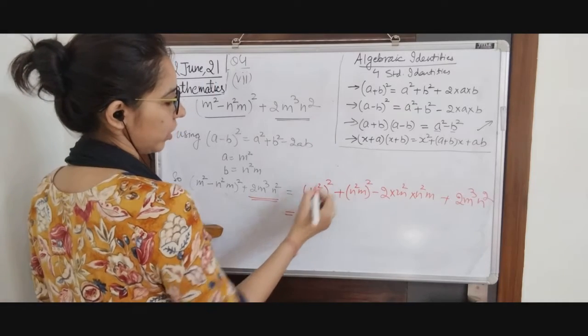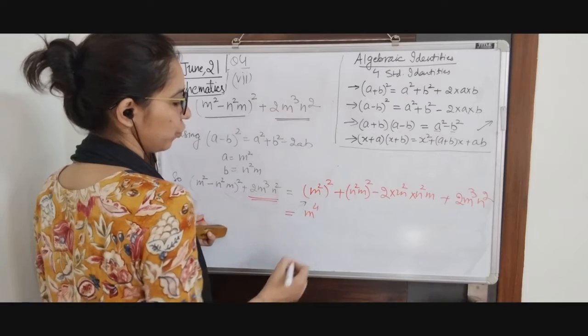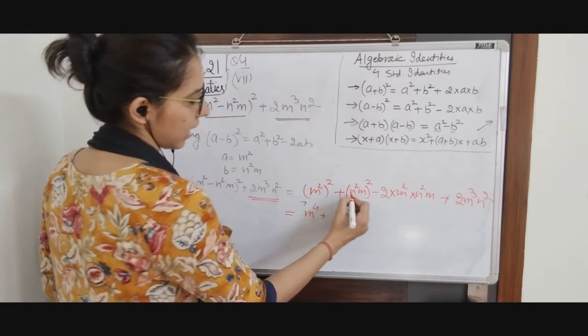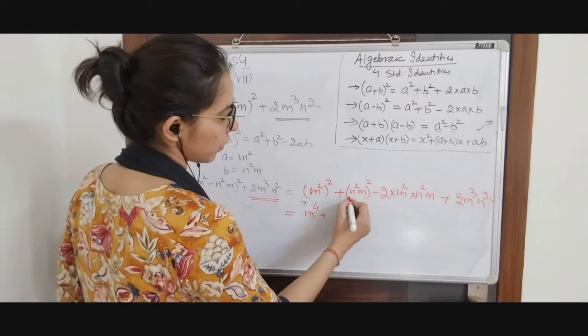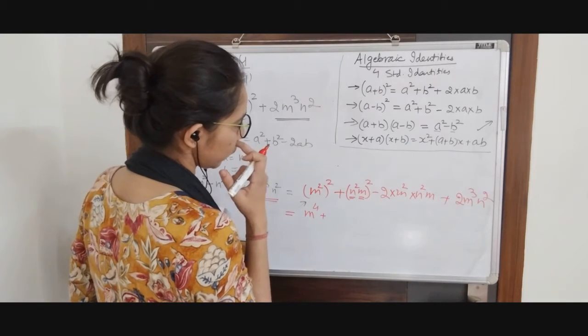So m square square, it will be power over power, means we are going to multiply them. 2 to the 4. Then plus n square m whole power, means square of this term, square of this factor, not term, factor, square of this factor.